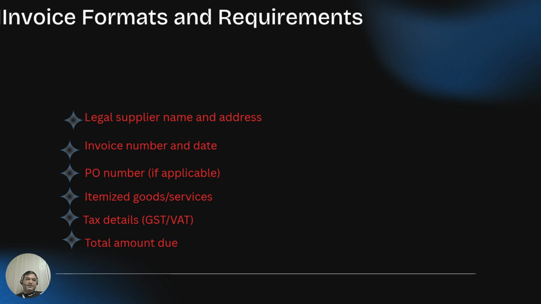Itemized goods and services, which means the invoice should clearly mention the list of items and the quantities that are received or sent. Next are the tax details like GST, VAT, and all related tax information, which are mandatory. And then finally, the total invoice amount that is due.